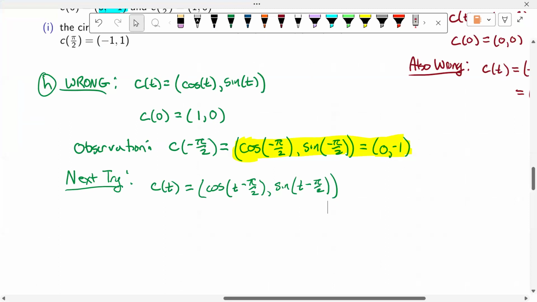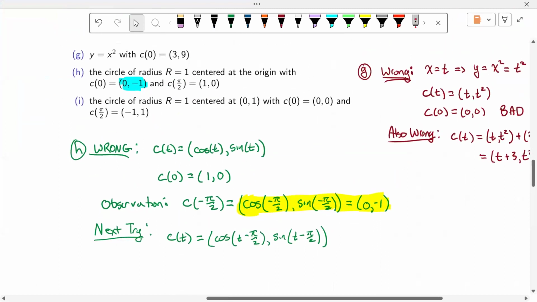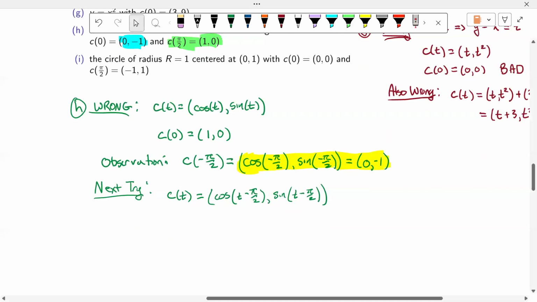Now there's this other criteria for H, right? The other criteria is that C of pi over 2 is going to give us the point (1, 0). Does that work? Yeah, let's check. Yeah, we lucked into it, folks.